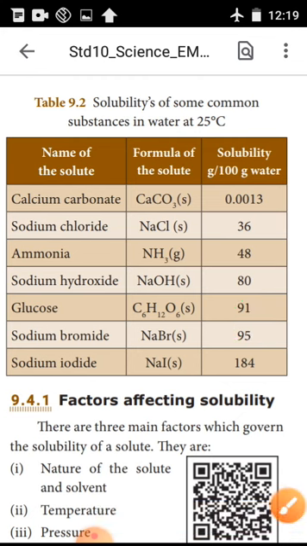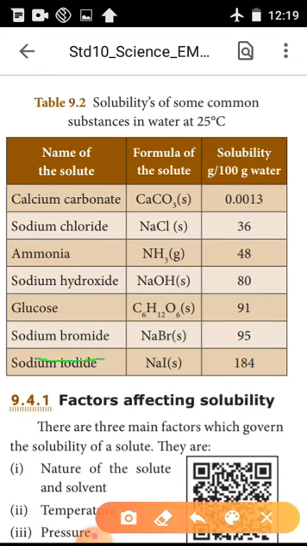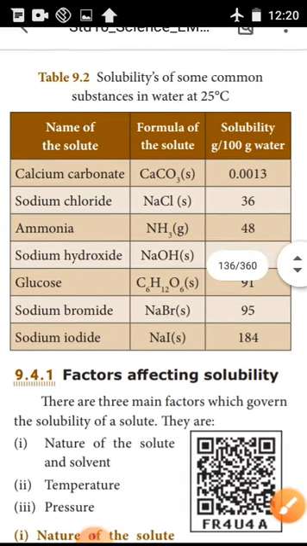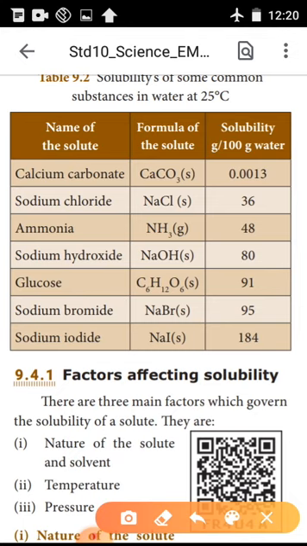The next one, sodium bromide. What is the formula? NaBr is sodium bromide. This is a solid state matter. Then what is the solubility value of sodium bromide? 95. Okay.